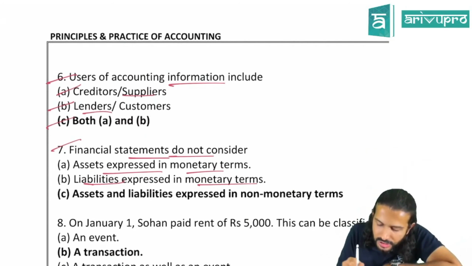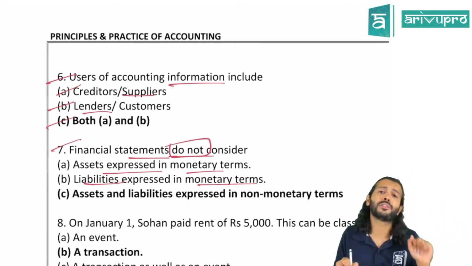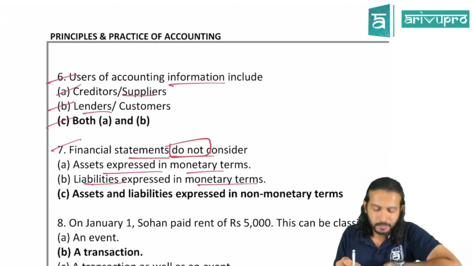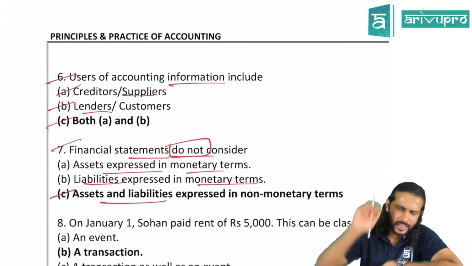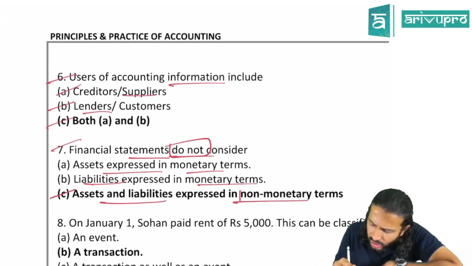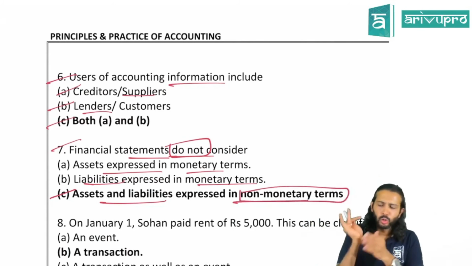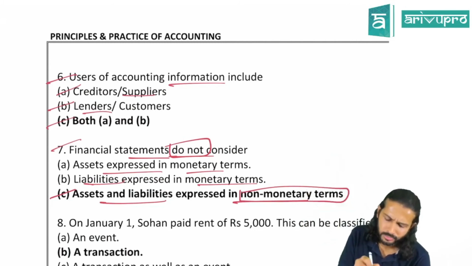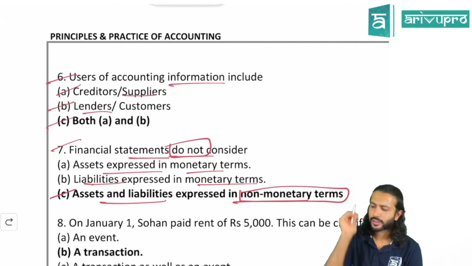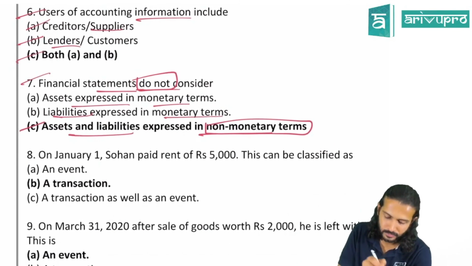They are asking what financial statements do not consider, meaning what will not come in the financial statements. Those assets, liabilities or transactions which cannot be expressed in monetary terms, meaning which are non-monetary, will not be part of your accounting system, hence not part of your financial statements. So C as in Chennai is again the right answer.